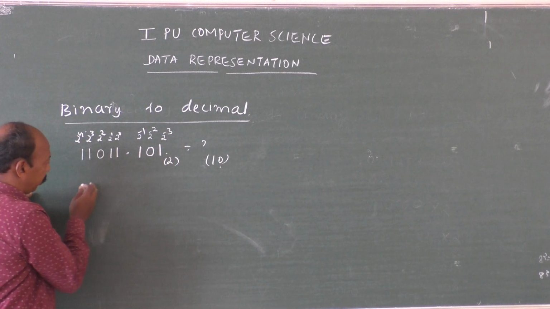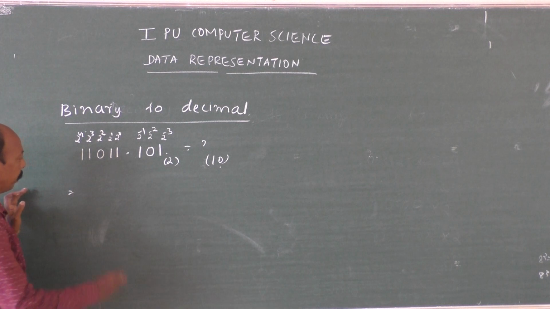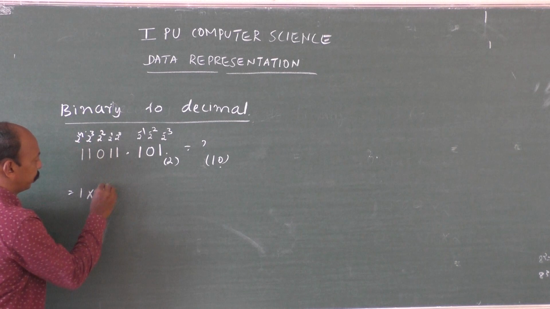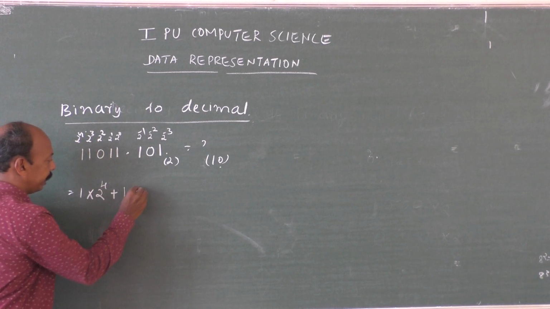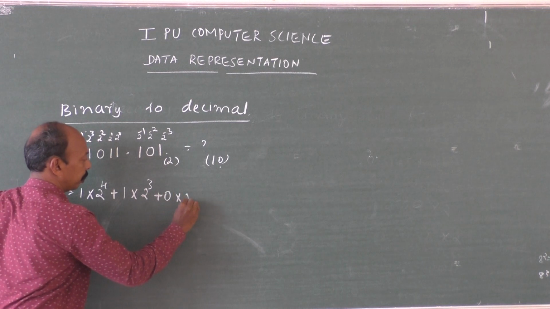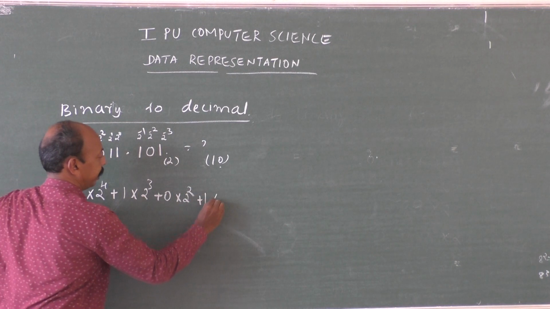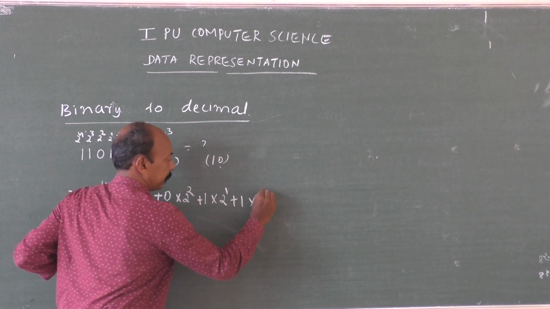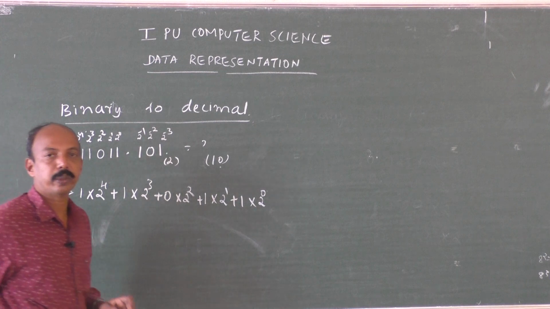While writing the next step, what we will do? 1 into 2 to the power 4 plus 1 into 2 to the power 3 plus 0 into 2 to the power 2 plus 1 into 2 to the power 1 plus 1 into 2 to the power 0. Till here it's okay.